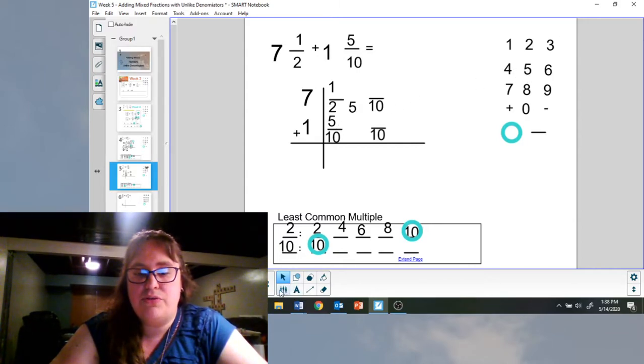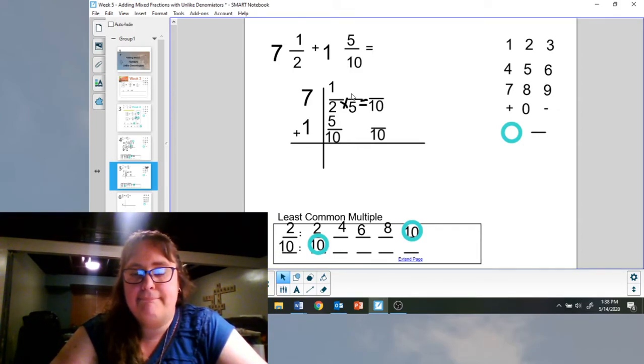Again, if it helps you, write that in there. It's just not there in the format from last week. Okay. Now this has to be a form of 1. So what goes up here? 5. And then you're multiplying. 1 times 5 is 5. There's your equivalent fraction. 1/2 is the same as 5/10.